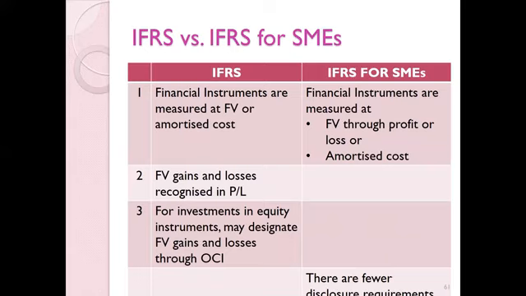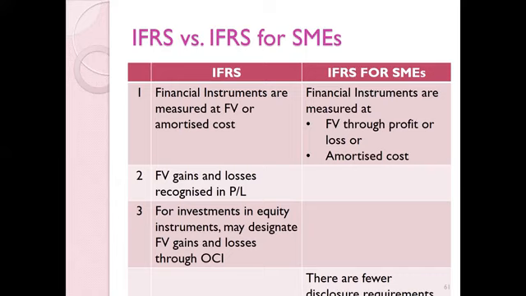Just to close off our financial instruments, we're going to do a brief comparison on how financial instruments are accounted for in terms of full-blown IFRS, as opposed to IFRS for SMEs.